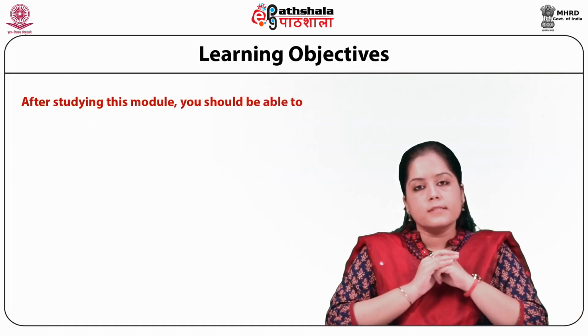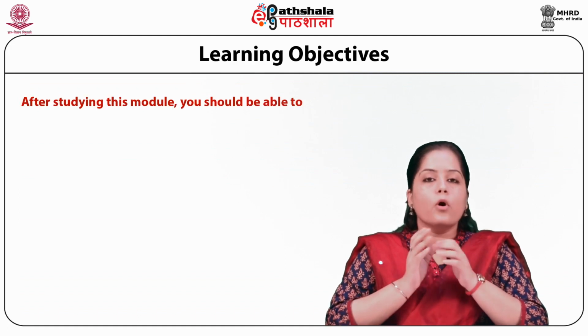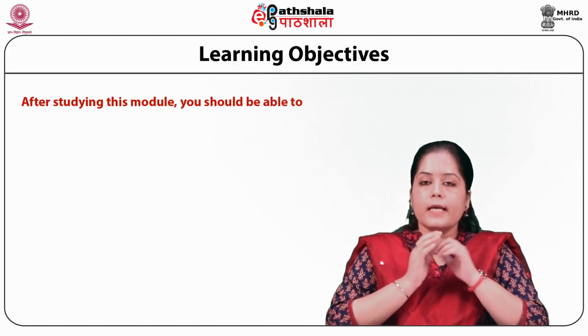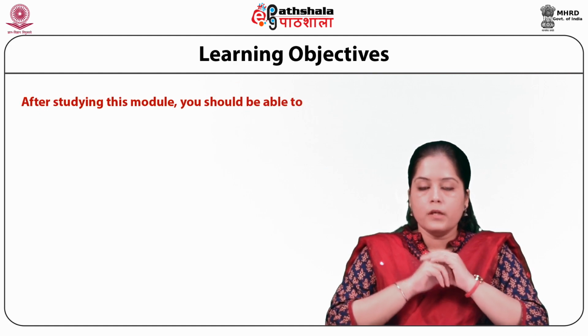So students, today we are going to discuss the module Stellar Spectra and Stellar Classification from the paper Astronomy and Astrophysics. Let us see what we are going to learn in this module.